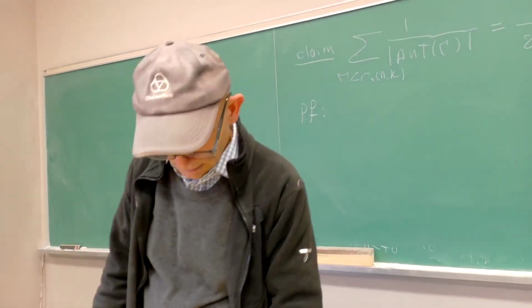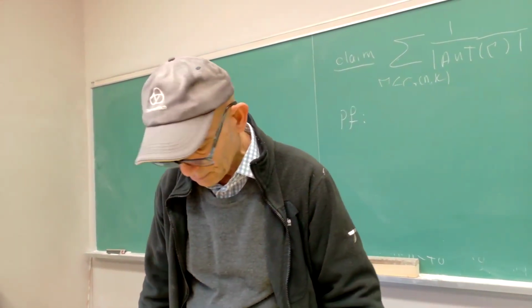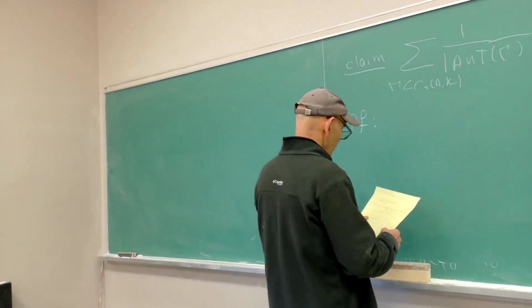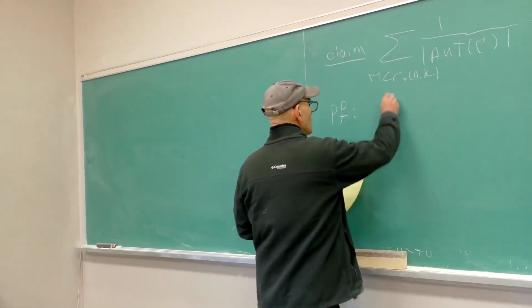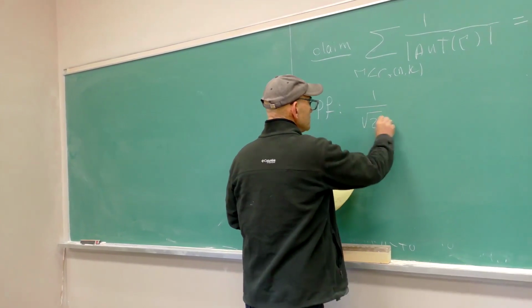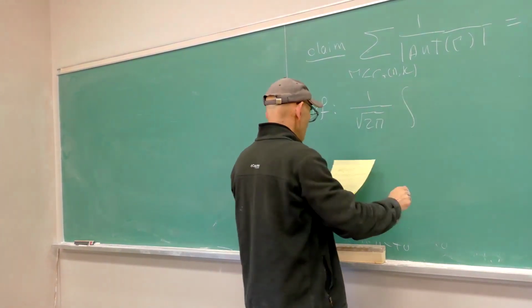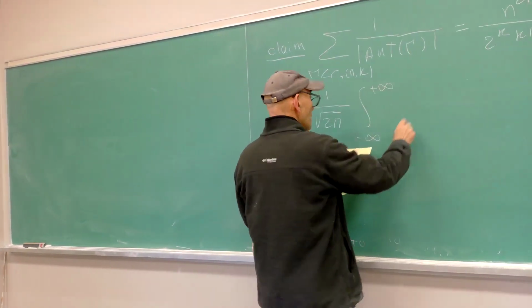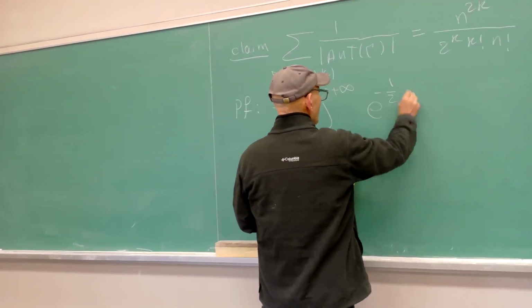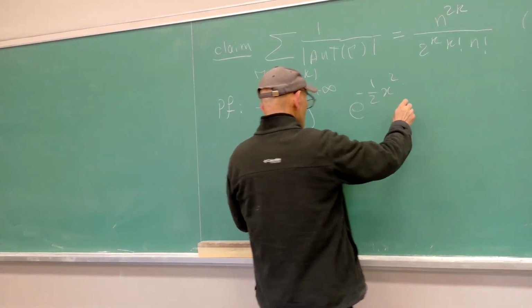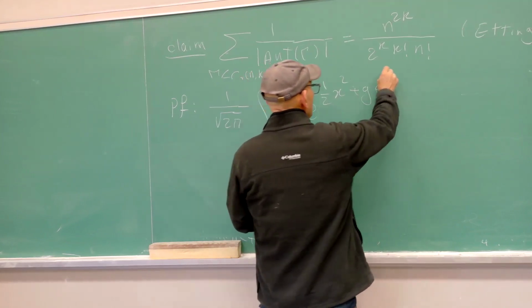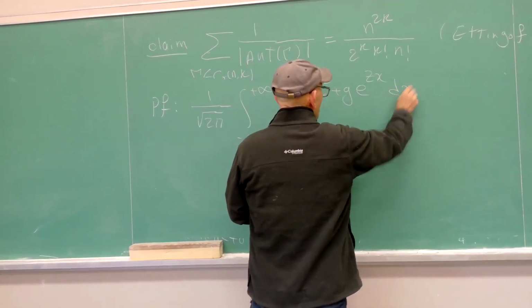To prove this, let's compute the following one-dimensional integral: 1 over root 2 pi, integral from minus infinity to plus infinity of exponential of minus 1/2 x squared plus g exponential of zx, dx.